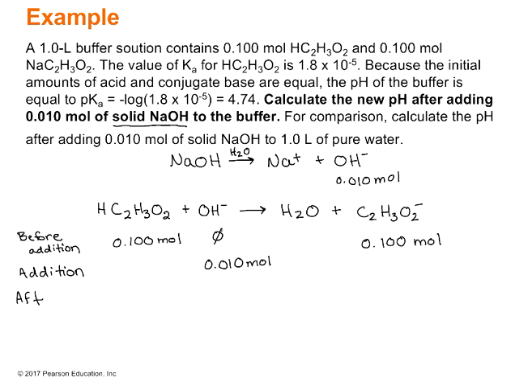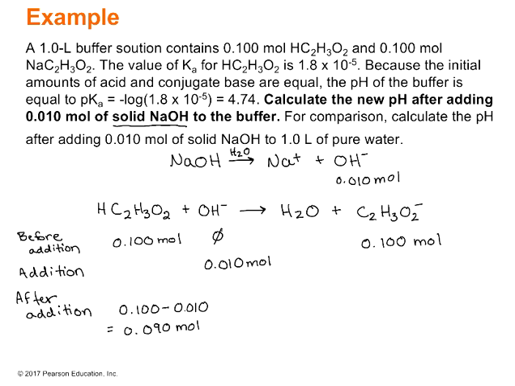So after the addition of hydroxide, we're going to see that some of the acid reacts with that amount of base. So the amount of acid will be 0.1 minus 0.01. So we would end up with 0.090 moles of our acid after the reaction occurs.